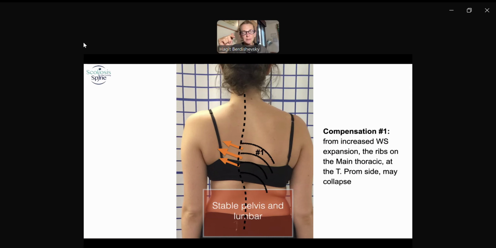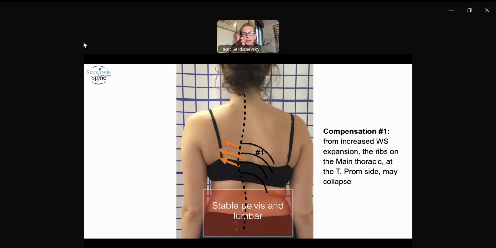If they collapse in the ventral flat zone, in front of the thoracic prominence on the right side, the patient will never be able to expand the ventral flat zone forward and upwards and allow the thoracic prominence from the back in the sagittal plane to go forward and upwards, but forward.